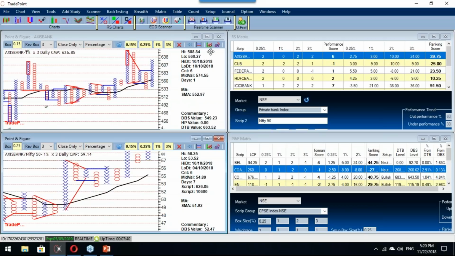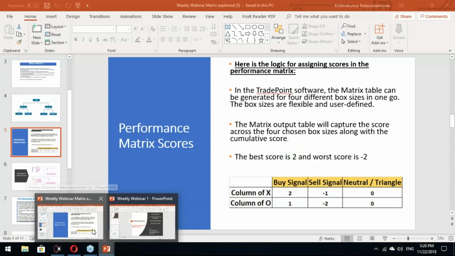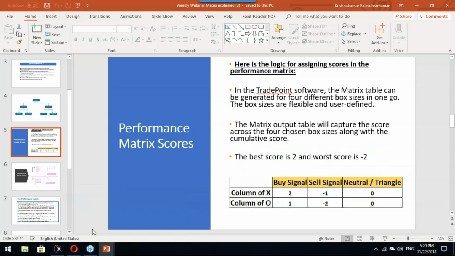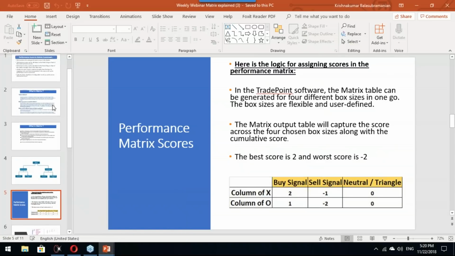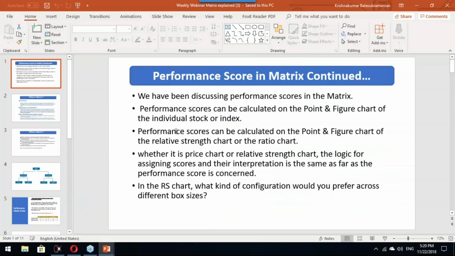Okay, so getting back to our discussion again. So does the slide make a lot more sense now? The first 3-4 points we have discussed at length about the performance scores, their logic, and how the scores are assigned based on the relative strength chart and the actual price chart.